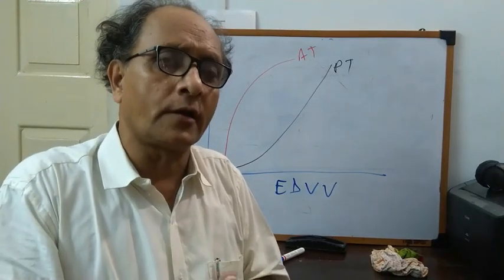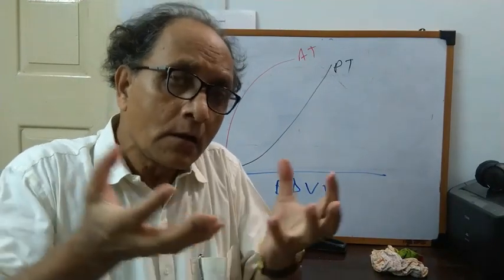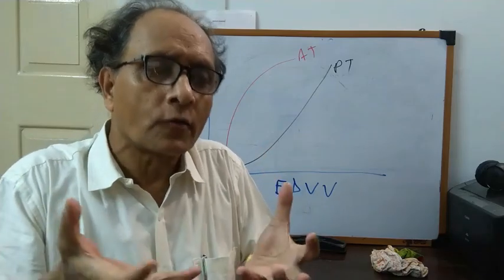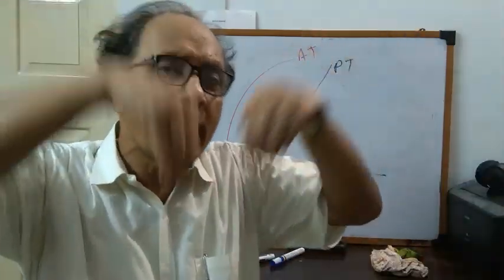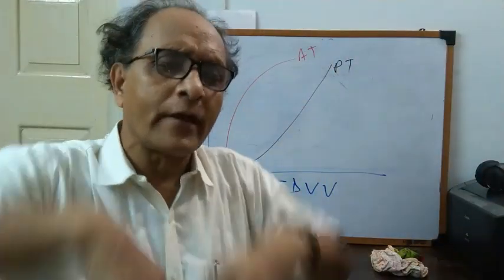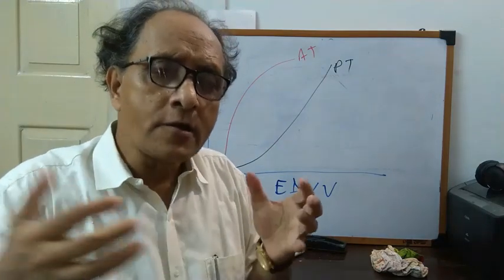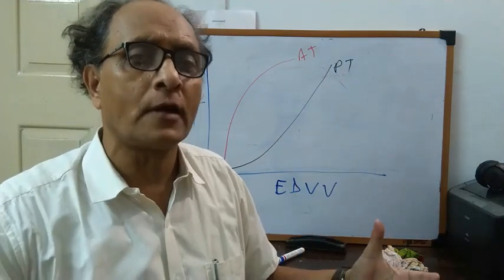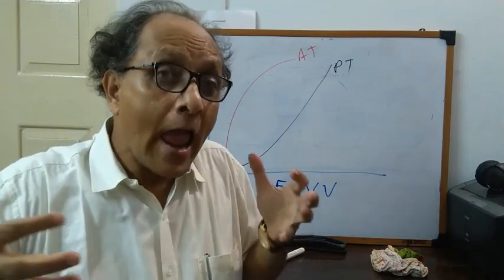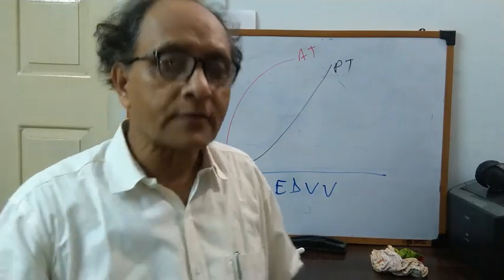As the ventricle is gradually filled from the vena cava, at the end of diastole the amount of blood present there will act as a stretching factor.